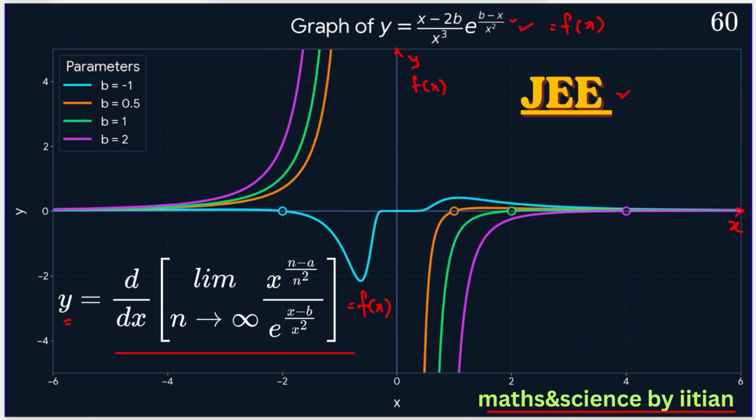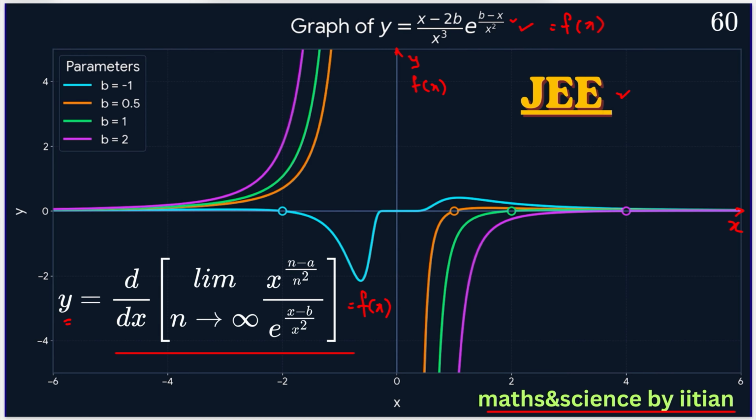In the last class, we have understood how to use the limits and derivatives and get the value of some function x, and we will get the value of d by dx of limit. Limit is inside d by dx. D by dx of limit n tends to infinity of (x to the power of n minus a by n square) divided by (e to the power of x minus b by x square).